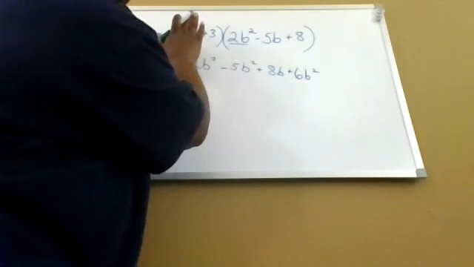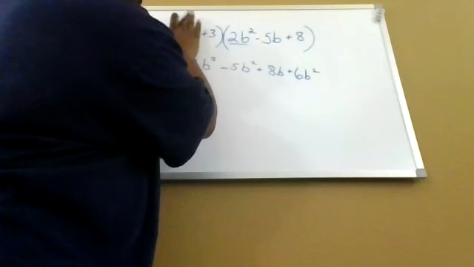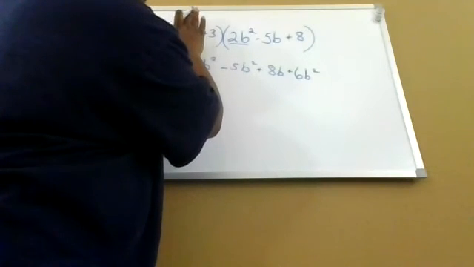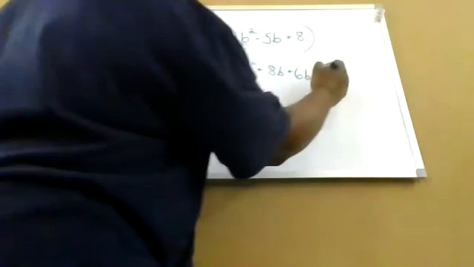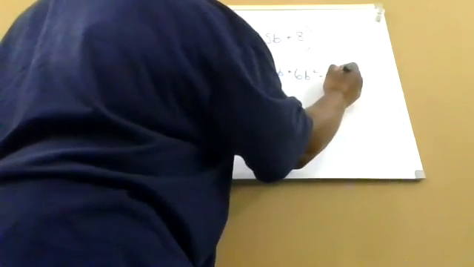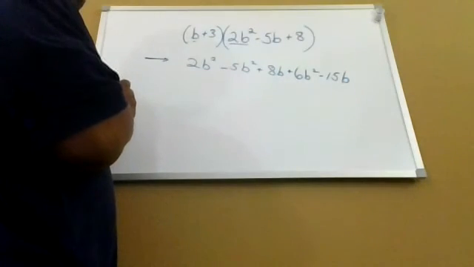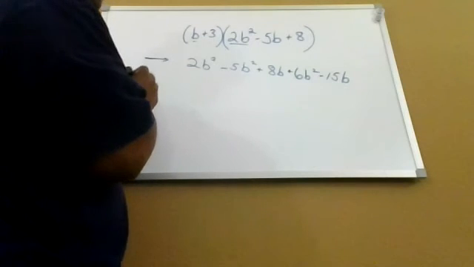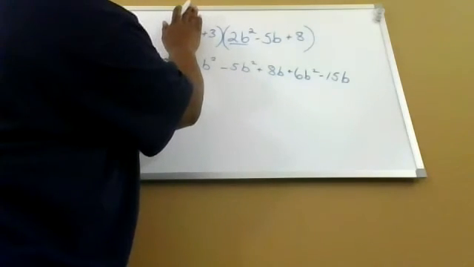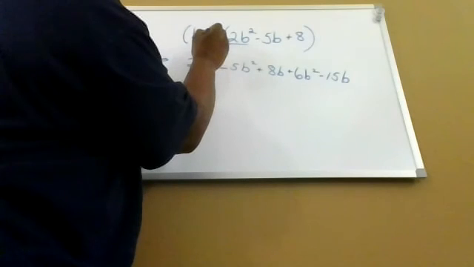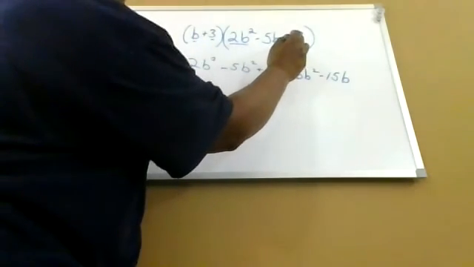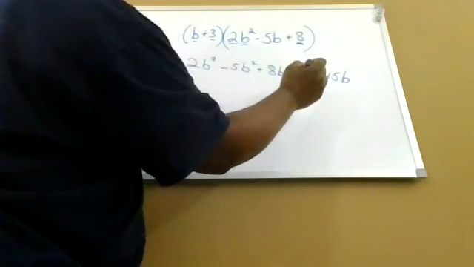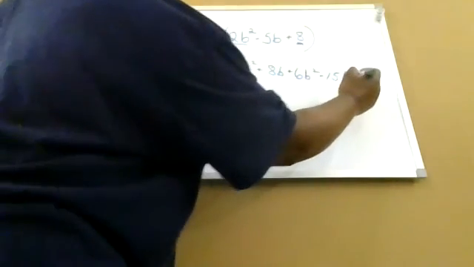Now we multiply 3 times negative 5b. That's going to be negative 15b. And then we have 3 times the 8, which is just 24.